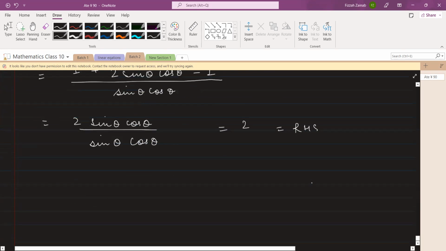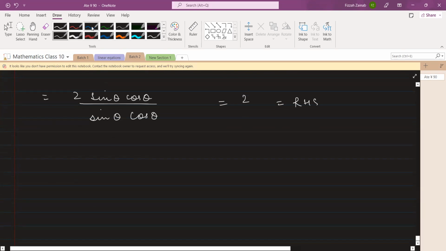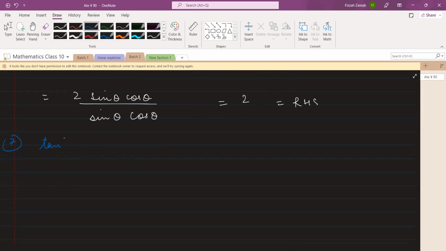Okay, next one, very easy. Now quickly solve it. Tan square theta plus cot square theta plus 2 is equal to sec square theta and cosec square theta.